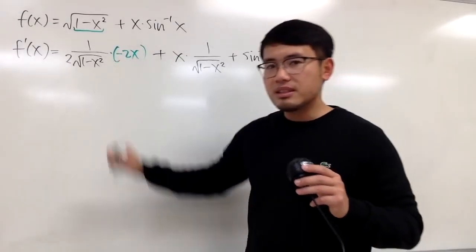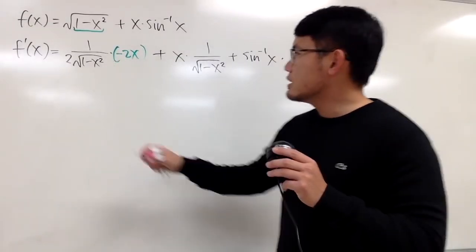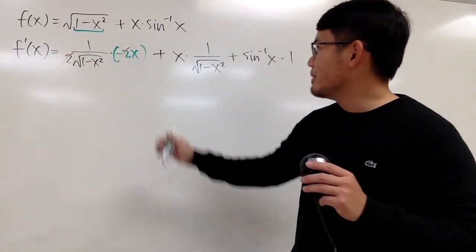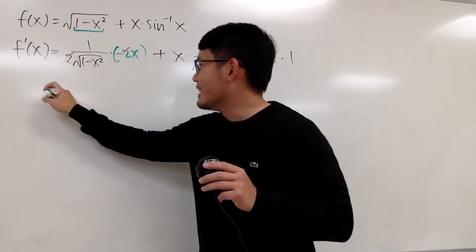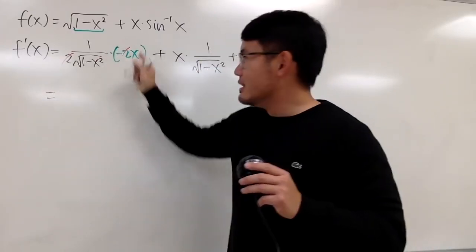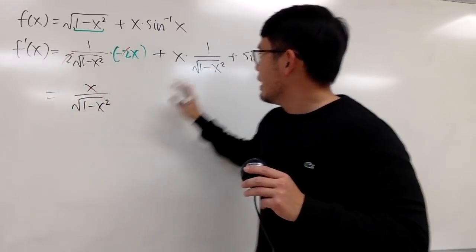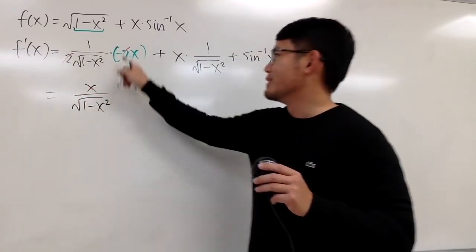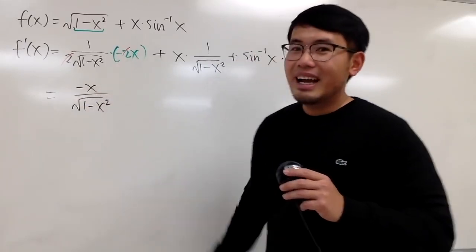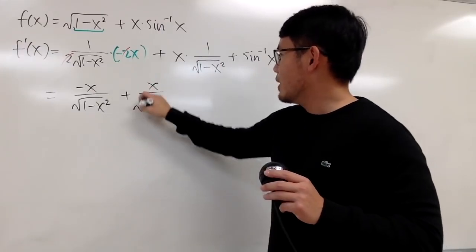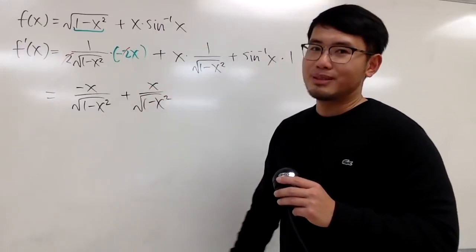And now let's fix this a little bit. Notice we have the 2 and 2 cancel. And let me actually just put this up again for you guys. On the top, this right here is negative x over square root of 1 minus x squared. Oh, sorry, I forgot the minus. And then right here, we add x over square root of 1 minus x squared. And what happens?